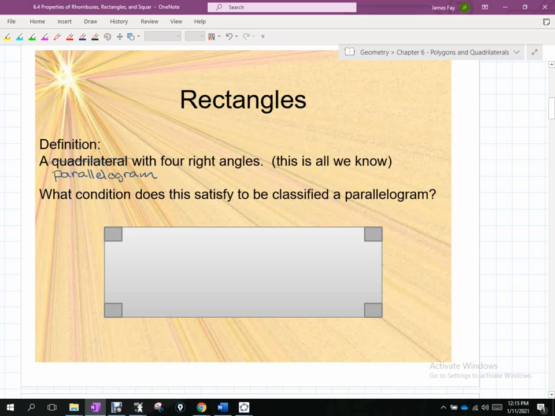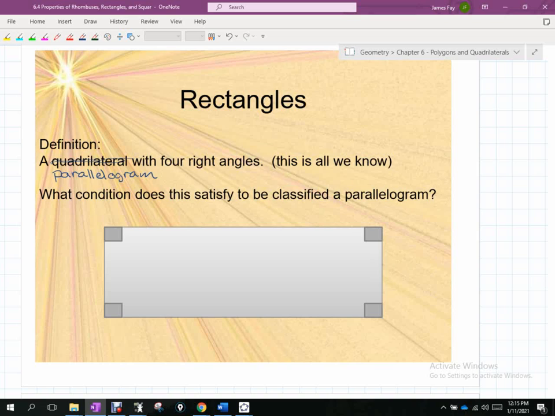You'll see it written both ways, but writing it as a parallelogram automatically tells me some facts that we talked about last week, that should exist before I even know the definition of rectangle. It's a parallelogram, so opposite sides are congruent, opposite sides are parallel, opposite angles are congruent, diagonals bisect each other, and 360 total degrees. Those 5 things are now attached to a rectangle because I know it's a parallelogram. Does that make sense?